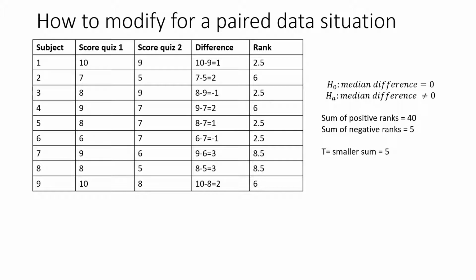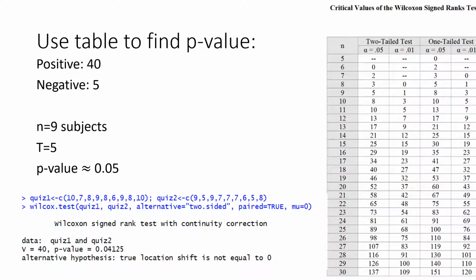Here T is the smaller sum, which is 5. And again, I can use the table with n equals 9. My two-sided p-value for t equals 5 is approximately 0.05.